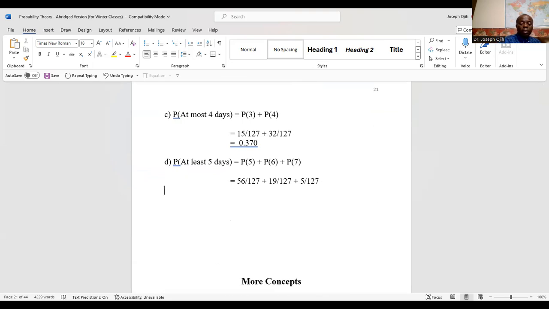And that will give us the probability that the patient stayed at least 5 days. So let me write this down so we can get the answer from the calculator: 56 over 127 plus 19 over 127 plus 5 over 127. Okay?